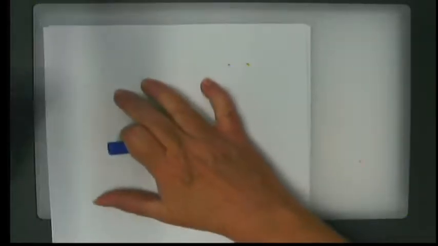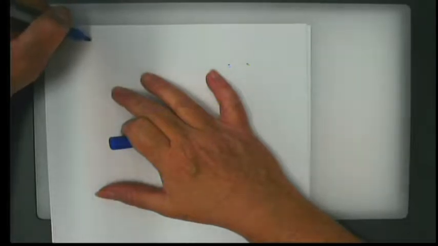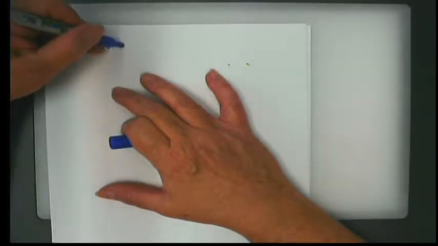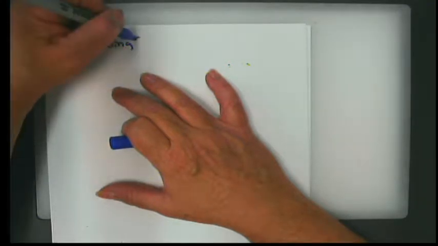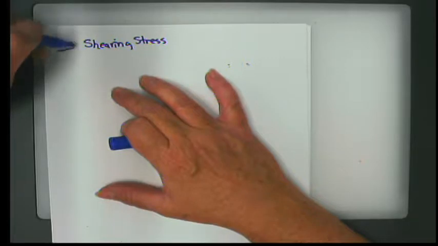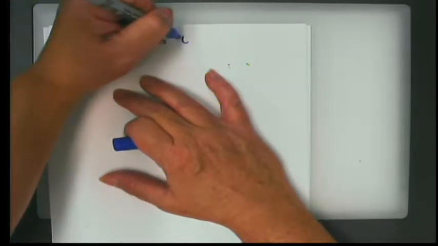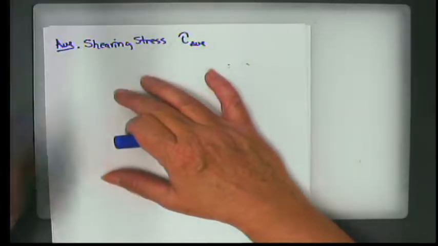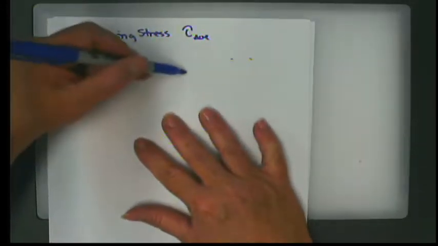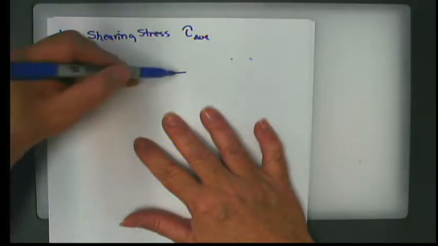The next thing that we're going to talk about today is shearing stress, and shearing stress is a little more difficult to handle. So we're going to do something called average shearing stress today, and then later in the semester, we're going to find better values for point value shearing stress. But basically, let's start by drawing something like this.